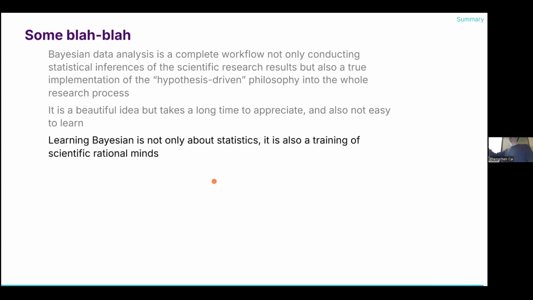It's also like a training of rational minds, because again, you care more about your research question, because without specifying everything, you cannot go one step, even starting from the prior, right? So it forces you to think about, what do I know already? The question I care about, right?